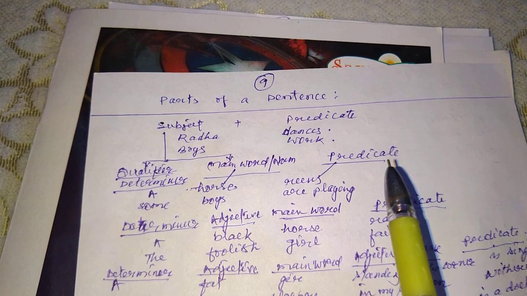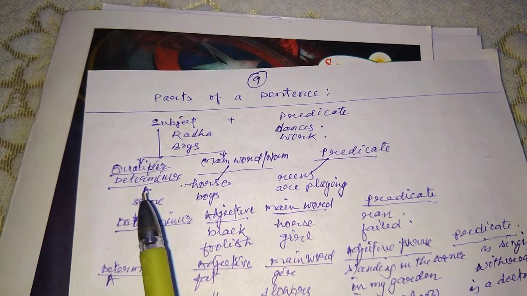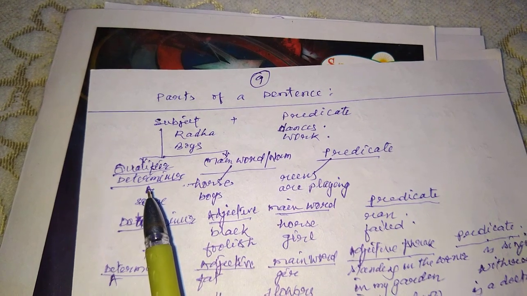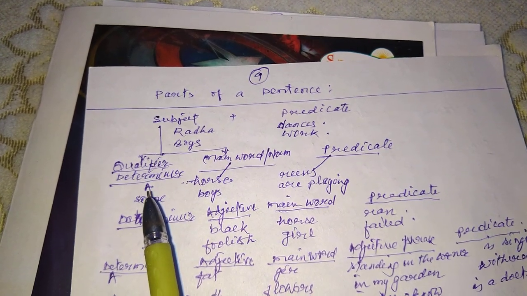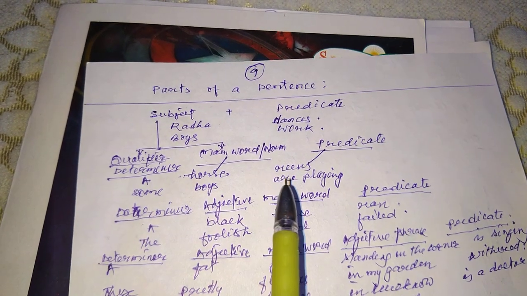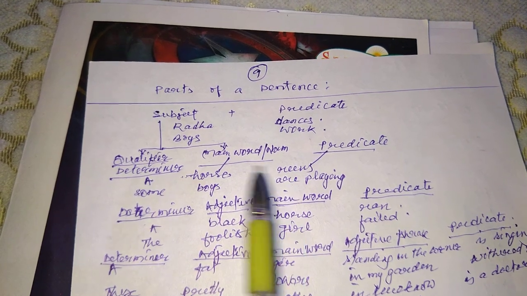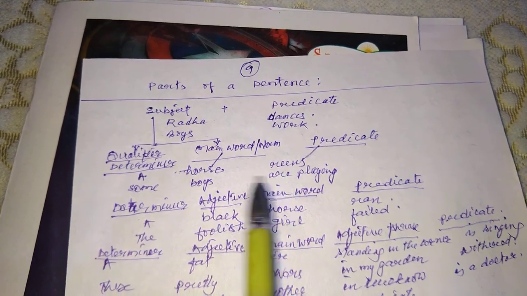For example, a horse runs, घोड़ा दौड़ता है.